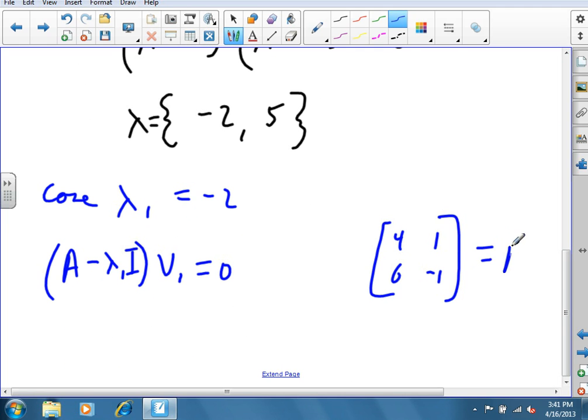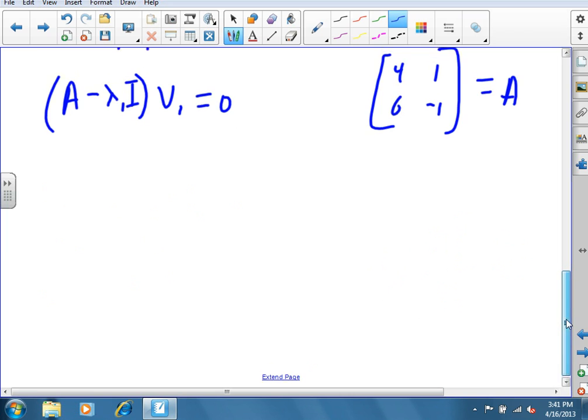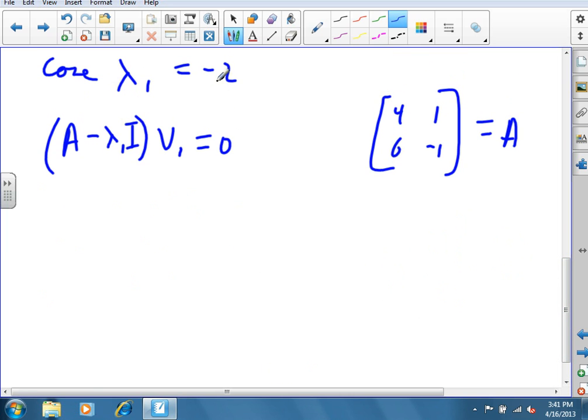Okay, so I got minus 2, so that'd be a plus 2. So I got 6, 1, 6, 1. Is that what I got? Minus 2 plus 2, 6, 1, 6. Yeah, that's what I got. Times V1 is equal to 0.